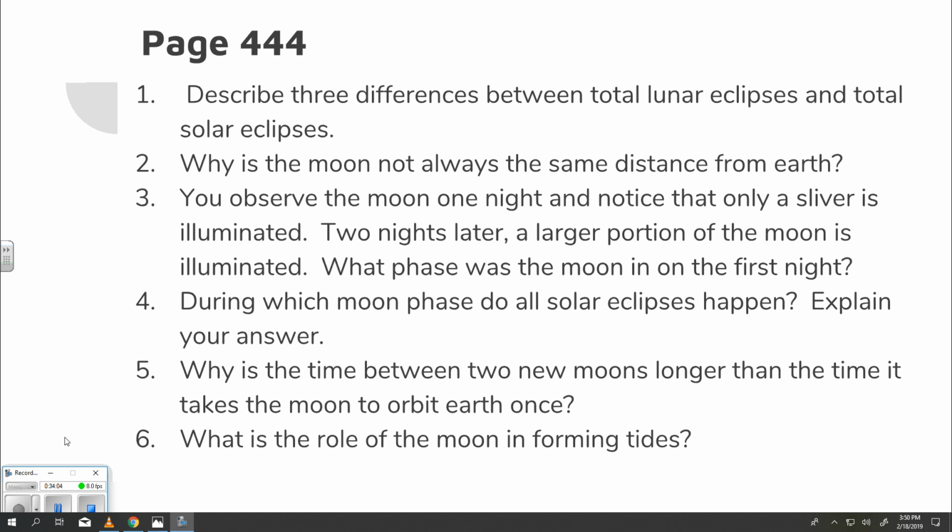Question 2. Answer can be found on page 437. The moon's orbit is an ellipse.